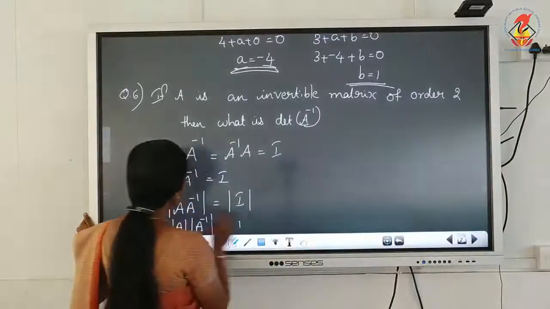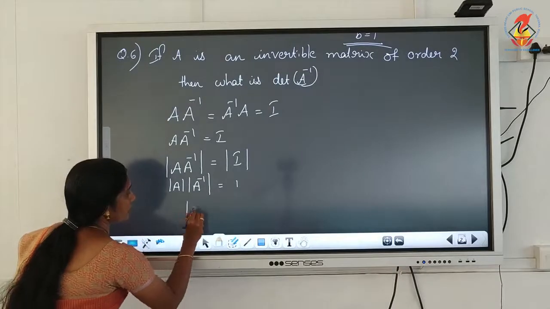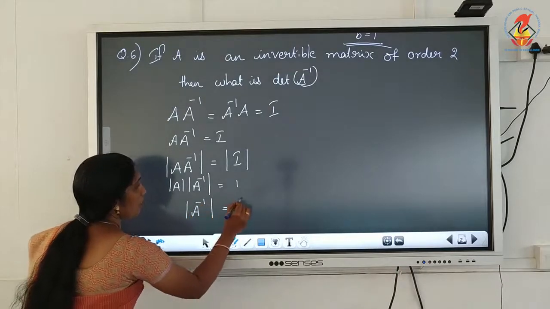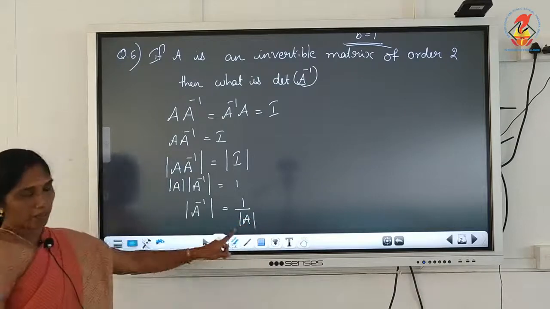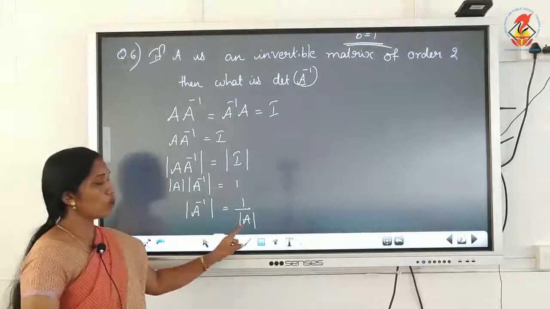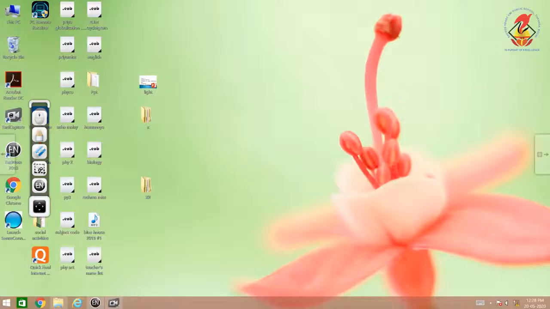So what is determinant of A inverse? Determinant of A inverse is equal to 1 by determinant A. It's a number. So determinant A inverse is equal to 1 by determinant A, another notation is like this, or you can use like this.